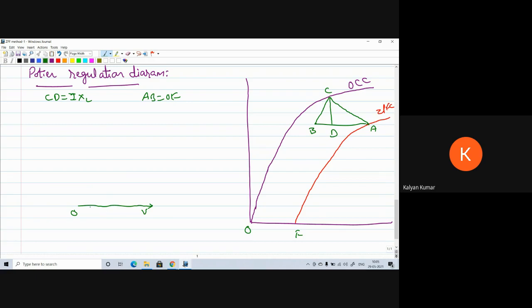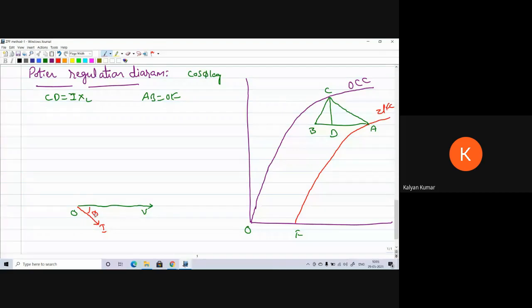Now, if you consider a lagging power factor case, cos phi lagging, then the load current I is going to lag the voltage by an angle phi.